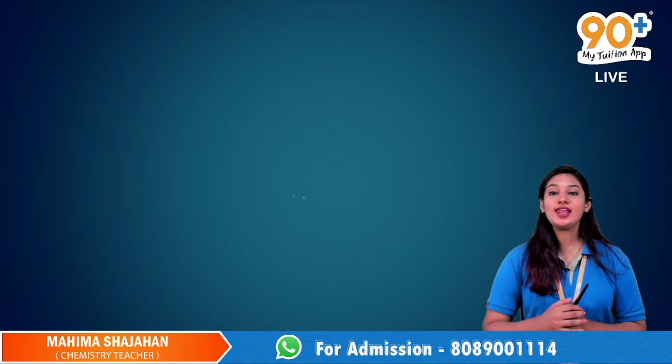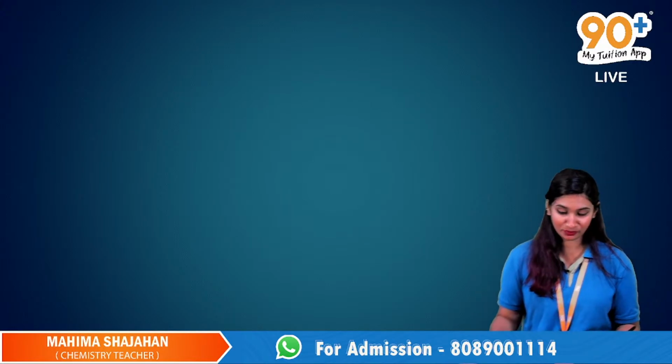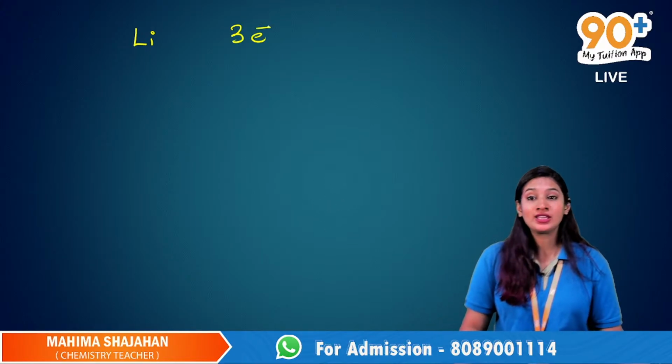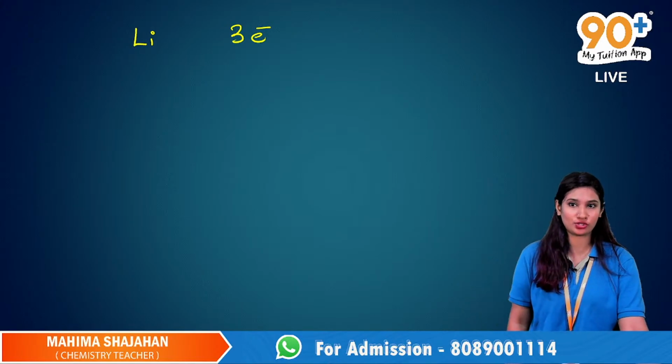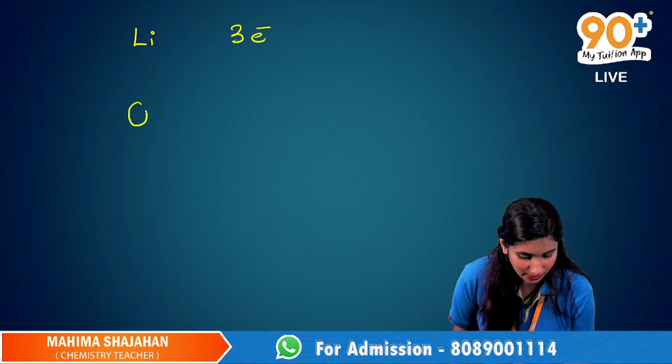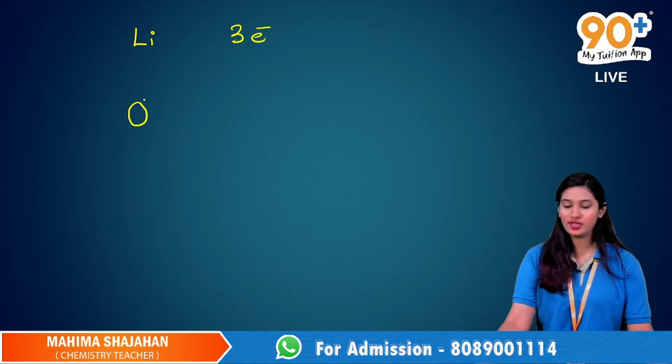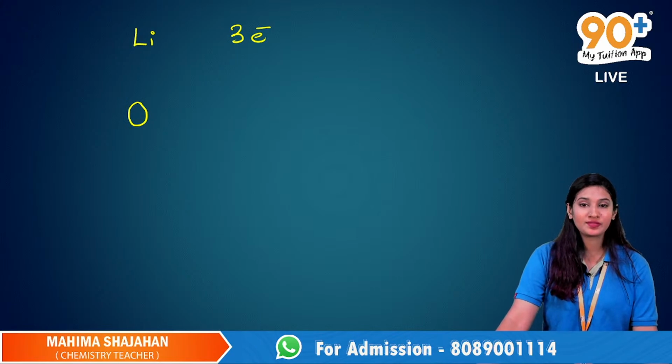Now, next element is lithium, which is represented as Li. Lithium has got 3 electrons. Now, how will you draw the structure? First, as usual, draw the nucleus.